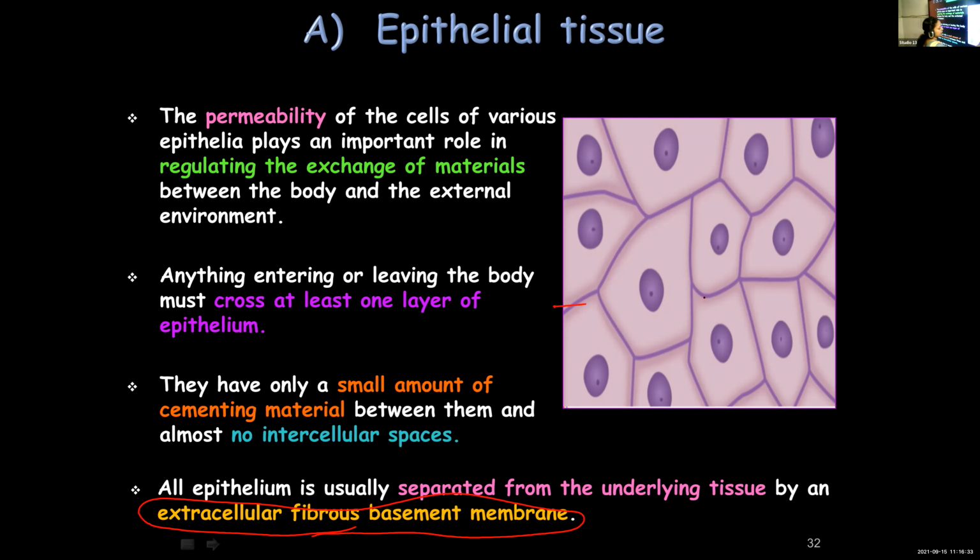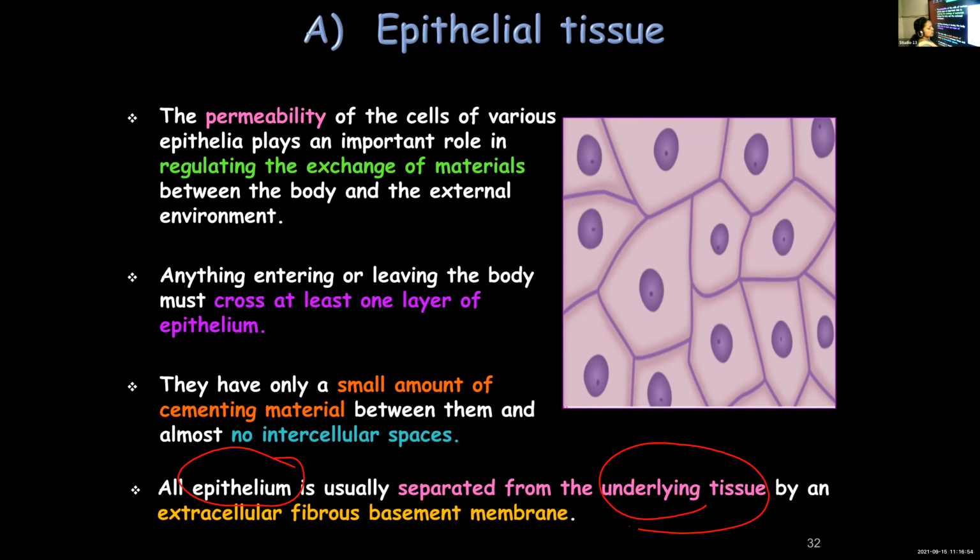See, if this is the epithelial tissue, beneath that there are so many other cells. Once again, the epithelial tissue is separated from the underlying tissues. So epithelial tissue is the outermost layer.